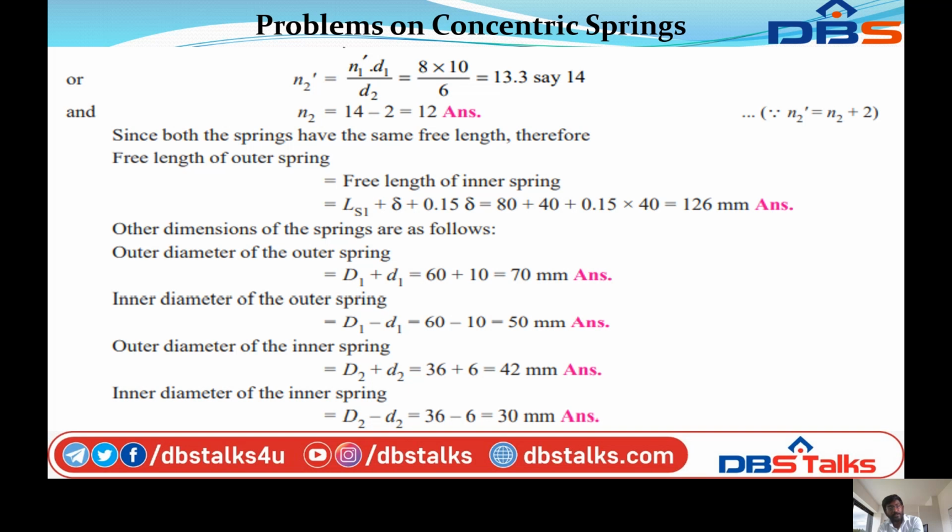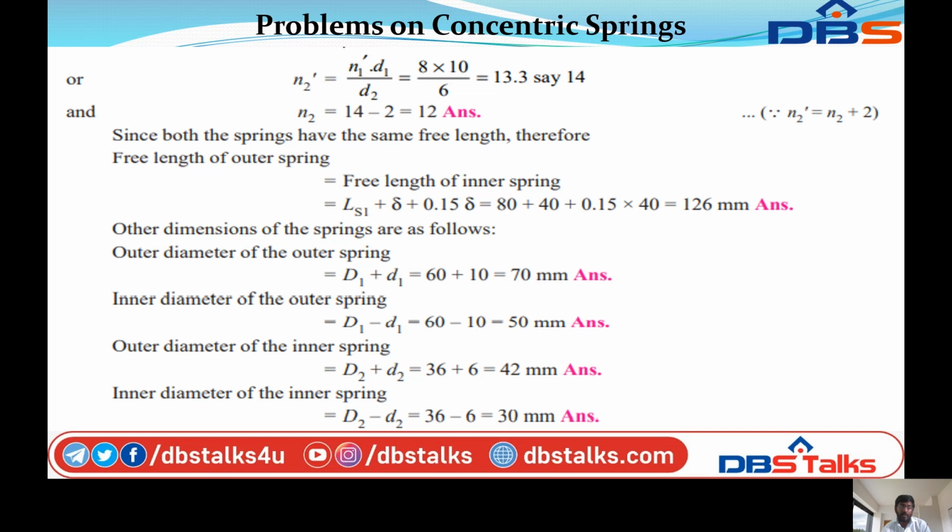Since both these springs have the same free length, therefore free length of the outer spring is equal to free length of the inner spring, that is equal to LS1 plus delta plus 0.15 delta. So substituting the values, that is equal to LS1 80 plus delta 40 plus 0.15 into 40, that is equal to 126 mm.